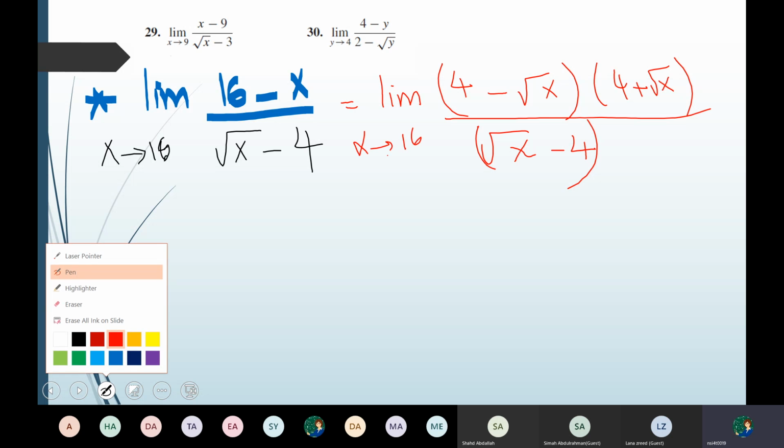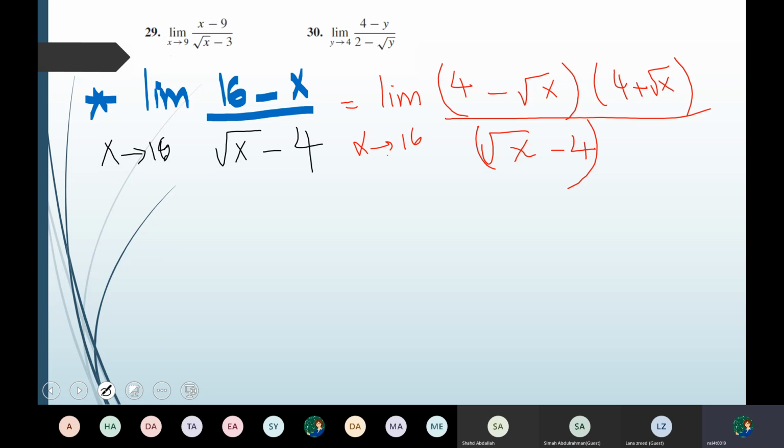Now we simplify it. If you simplify it, what will you get?